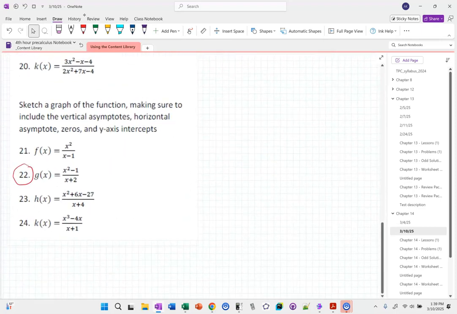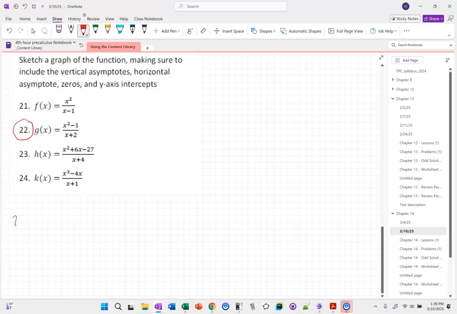All right. So again, the directions say sketch a graph, make sure to include all the same stuff. So I'm just going to start by finding the stuff, but the first thing I'm going to do is factor. I notice the numerator is a difference of two squares, so I just factor that right quick.